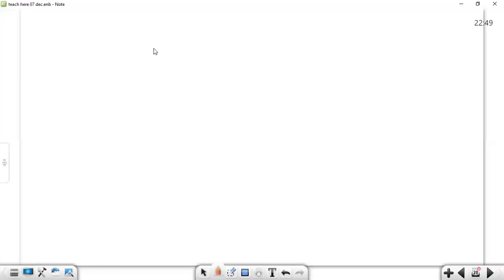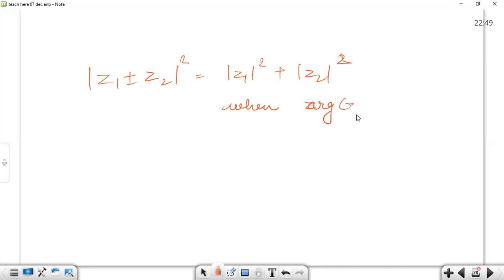Okay, so what I just told you, that sometimes the modulus of z1 plus z2 whole square may equal to this. I'm going to explain it later.